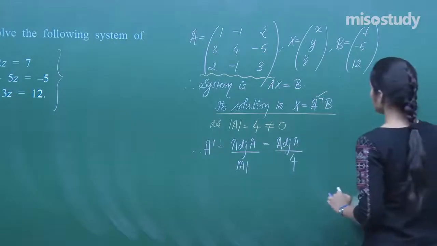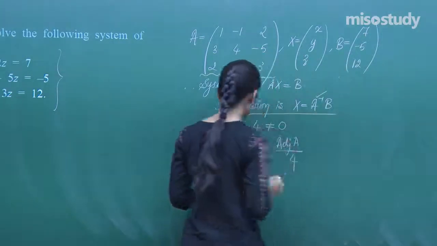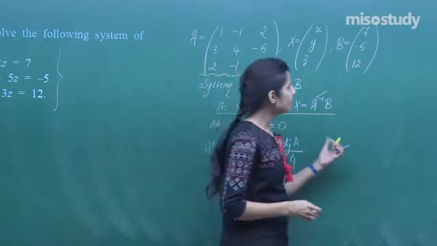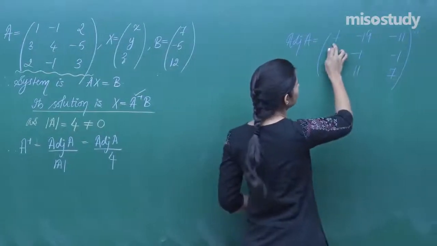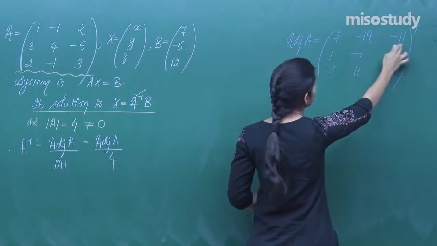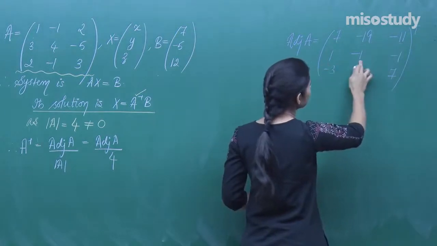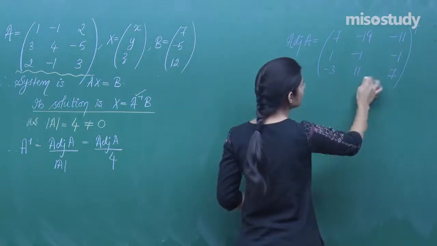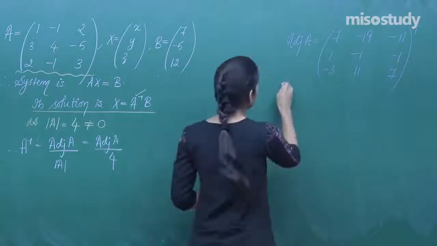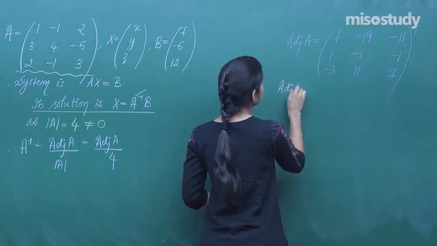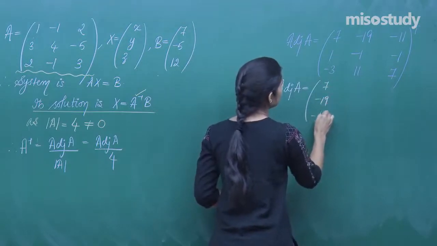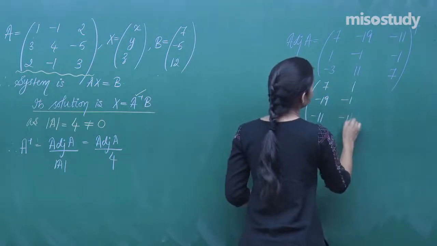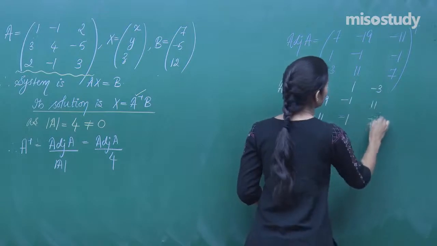Okay. So I hope you have computed that the adjoint of A comes out to be the transpose of this particular matrix, because these are the cofactors of the 11th element, 12th, 13th, cofactors of the 21st, 22nd, 23rd, cofactors of the 31st, 32nd and 33rd element. And therefore the adjoint of A comes out to be 7 minus 19 minus 11, 1 minus 1 minus 1, minus 3, 11, 7.